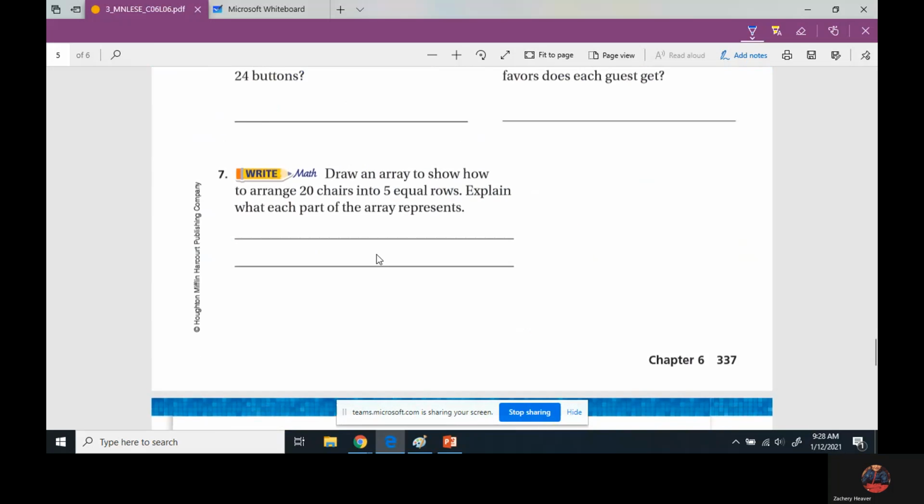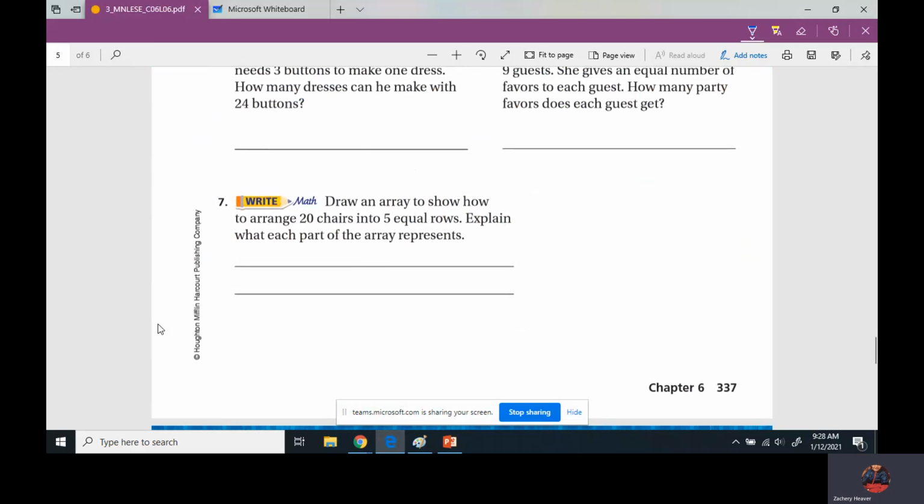Let me draw an array to show. This one, I'm going to do with you. So draw an array to show 20 chairs in 5 rows. Well, let's make our 5 rows, 1, 2, 3, 4, 5.